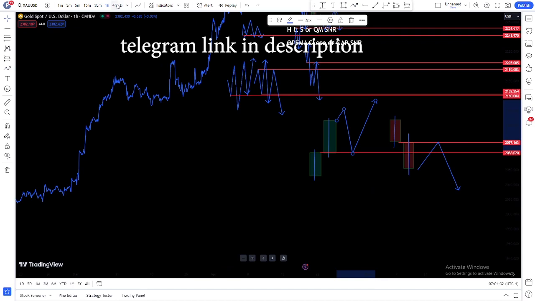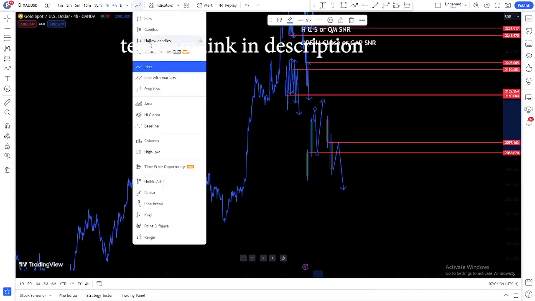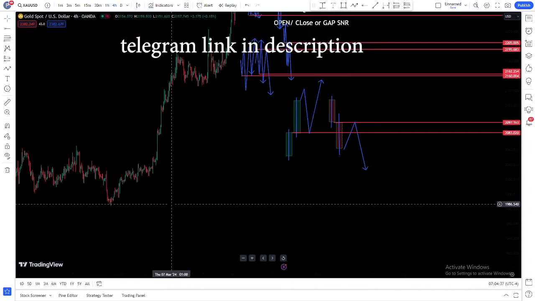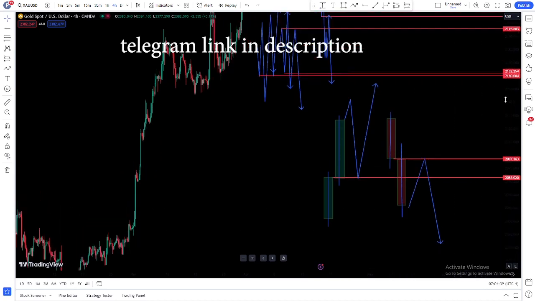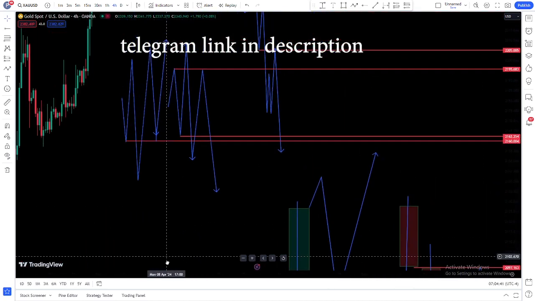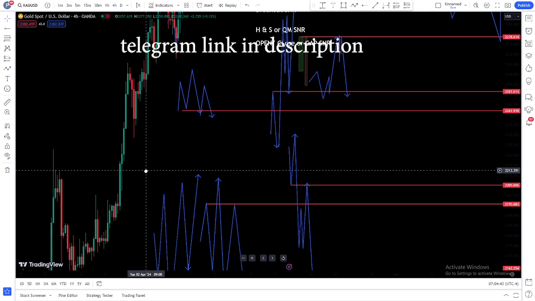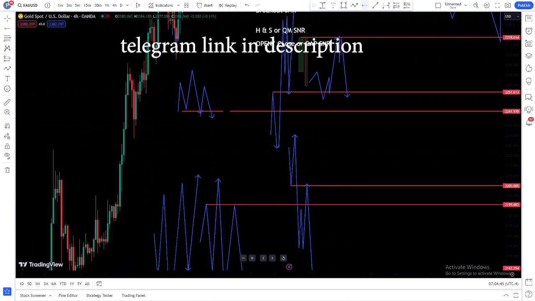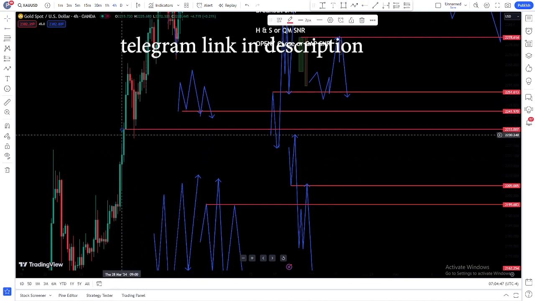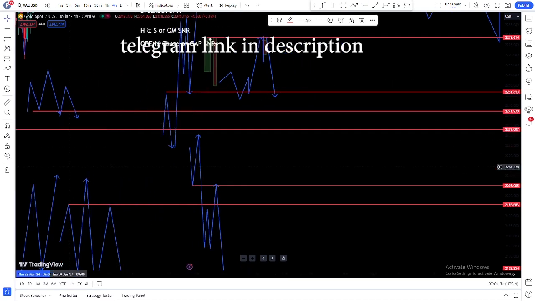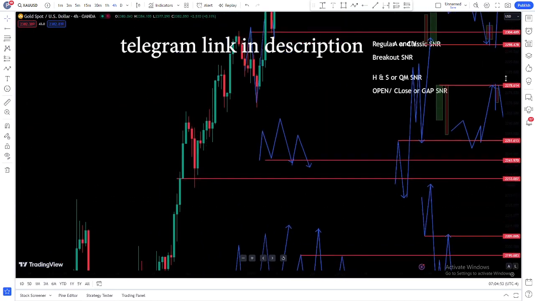Look at any open and close level. Look at this, what I said here. This is the open, and the market came back to this level. I see this is the same level, and the market reacted from this level. Also look at this one.